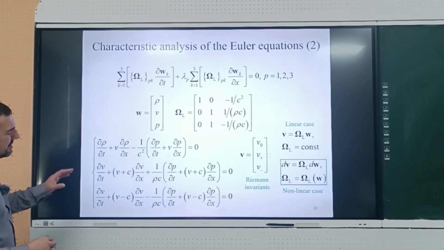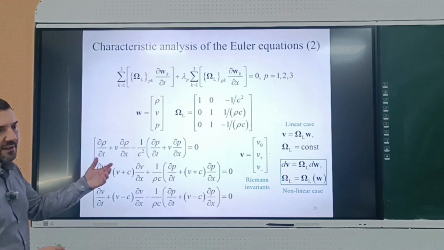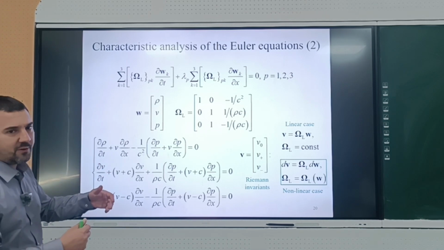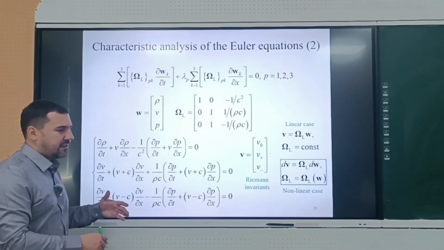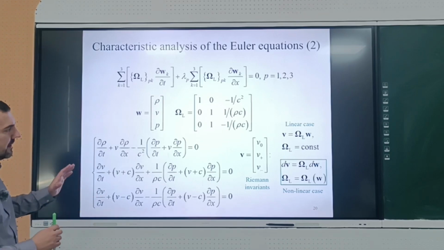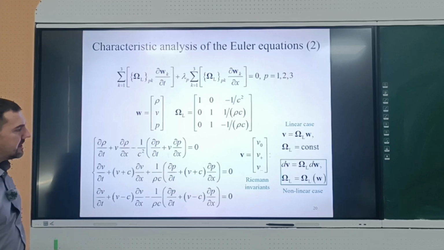Authors say, let's manipulate our initial equations, multiply them by something, add, subtract, and after these manipulations obtain this notation, and that's it. But I don't like this approach. I think it's important to show the formal way of obtaining these equations.